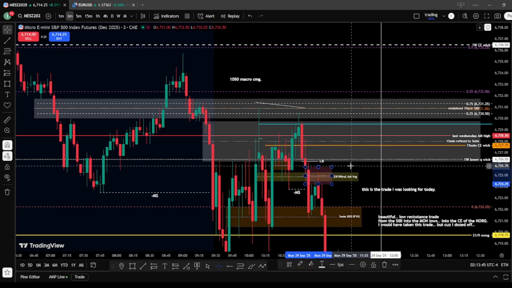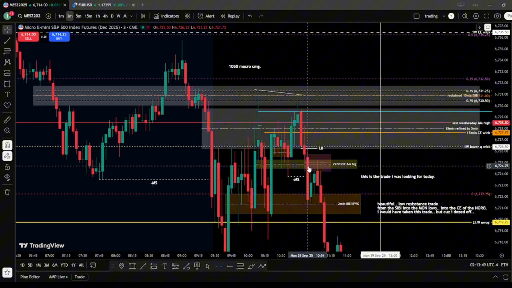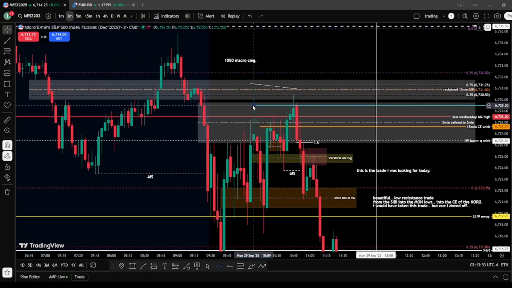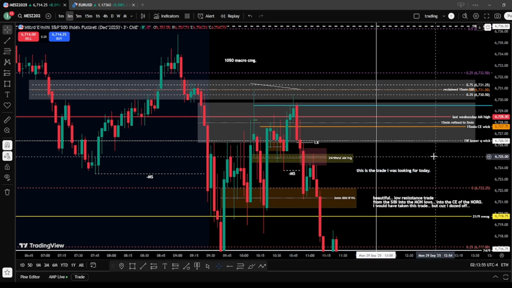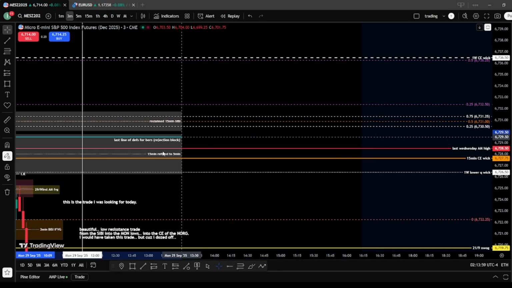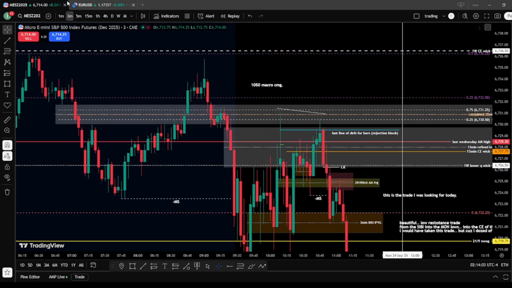So immediate balance, fair value gap. This is the silver bullet inside the 10:50 macro. So here, this is basically the 1-minute rejection block.